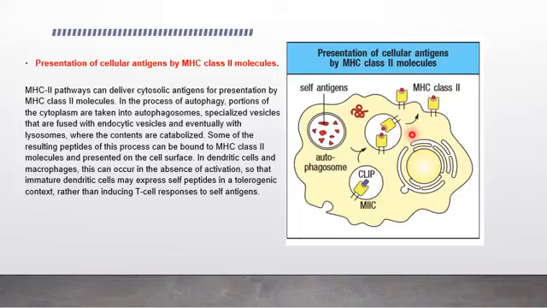So MHC class 1 can be recognized by the cytotoxic T cells, but CD4 can be recognized by MHC class 2, which is recognized by the T helper cells, and both will lead to activation of the immune system. MHC class 1 is found in all nucleated cells, and it presents endogenous pathogens like cancer and viruses.